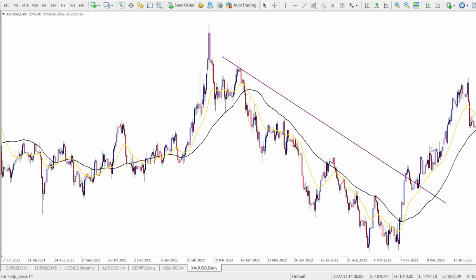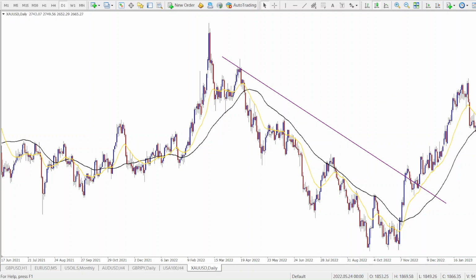Another way to use moving averages is to look for support and resistance levels. In trading markets, moving averages can act as dynamic support and resistance levels. You can see how in this situation, price was bouncing off the moving average because the moving average was serving as a ceiling. That's the reason why you see price get to the moving averages and get rejected, because they are serving as dynamic resistance.